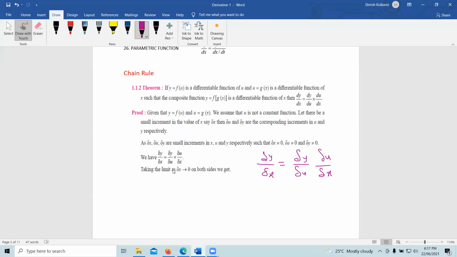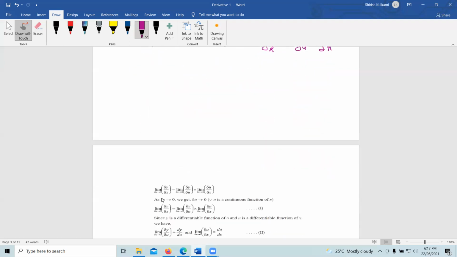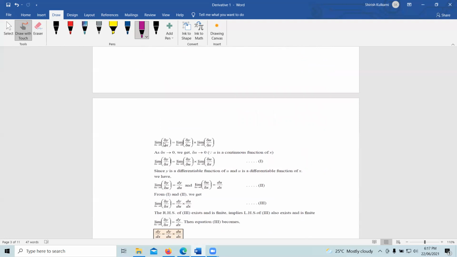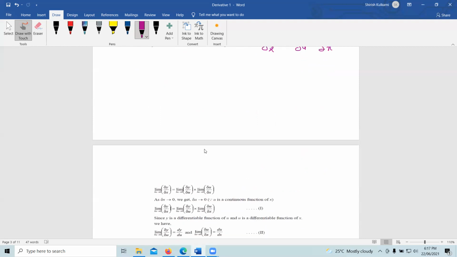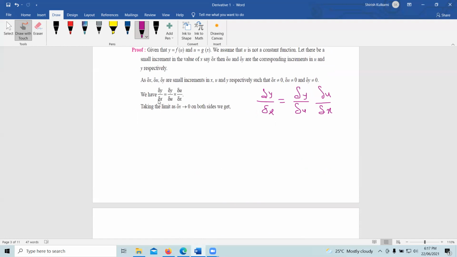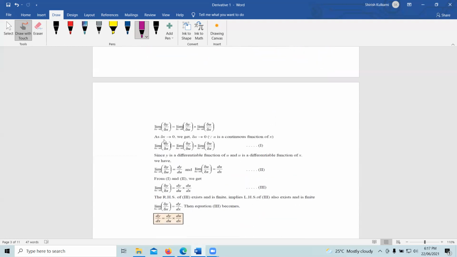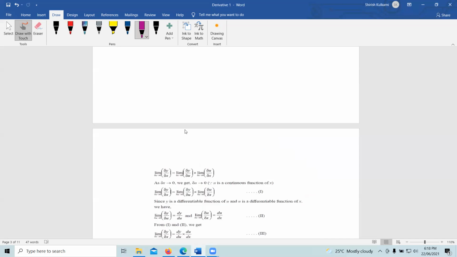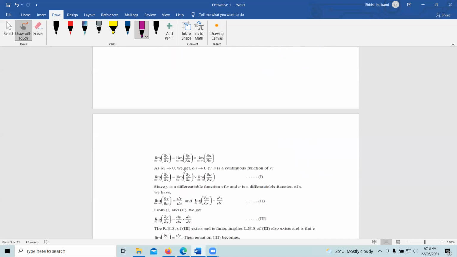Then taking the limit as del x tends to 0 on both sides, limit of del x tends to 0 of del y by del x is equal to limit of del x tends to 0 of del y by del u into limit of del x tends to 0 of del u by del x. तो पहले हमने क्या किया है, देखो, taking the limit on both sides as del x tends to 0, but as del x tends to 0, del u tends to 0. तो यहाँ पे हमने del x लिखा है, then del x changes to del u.